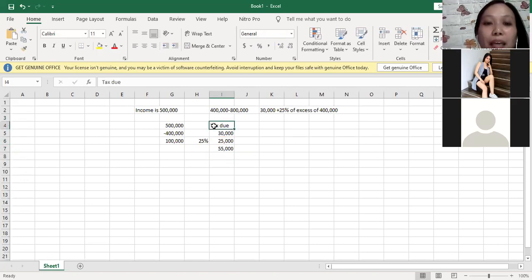Tax due will be 25,000 on the excess. So this is what you're going to pay to the government. That will be your amount that you're going to pay.